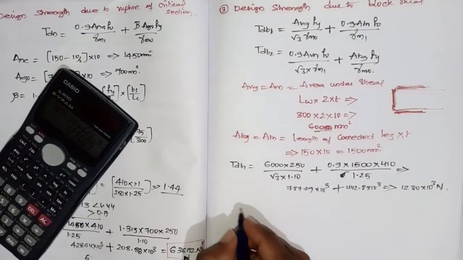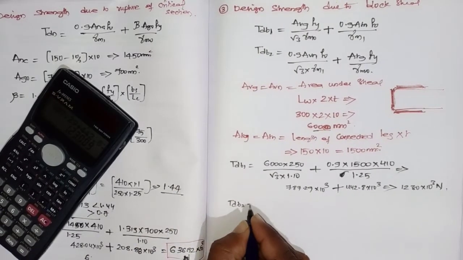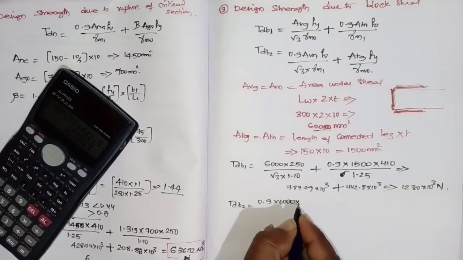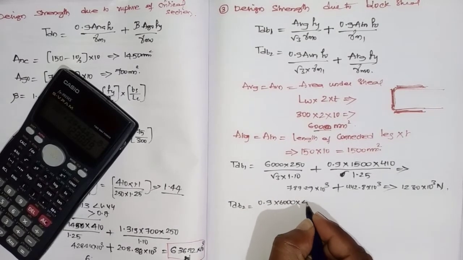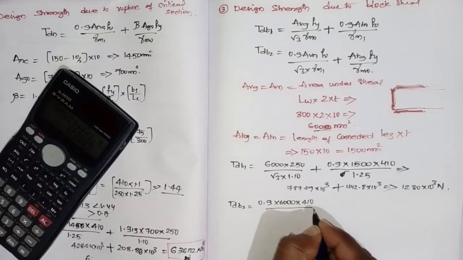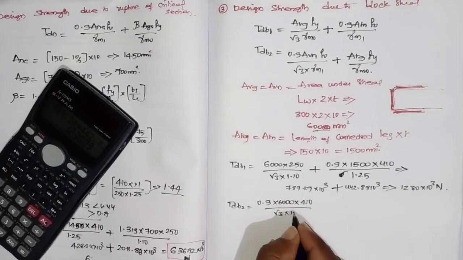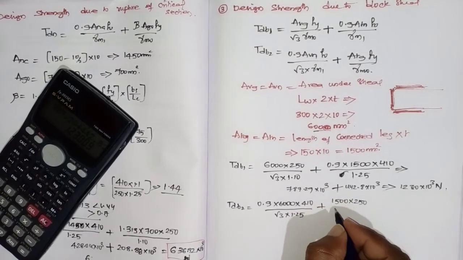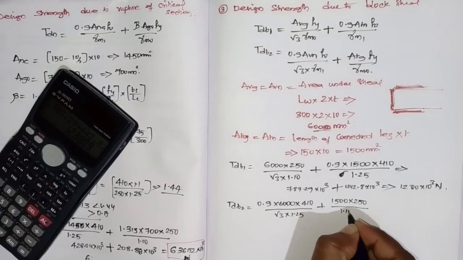This is TDB1. Next, TDB2, 0.9 into 6000 into 410 divided by root 3 into 1.25 plus 1500 into 250 divided by 1.10.